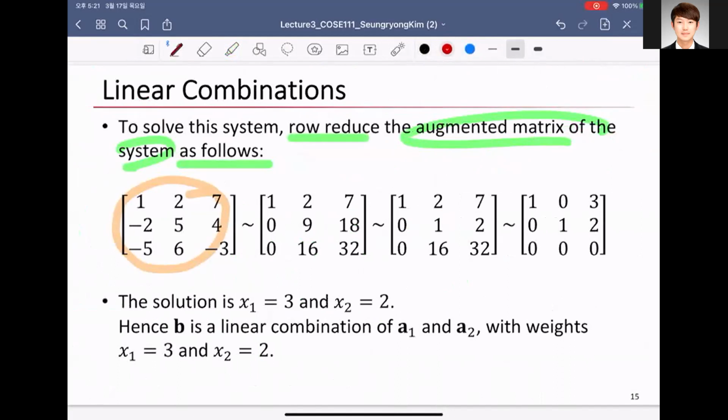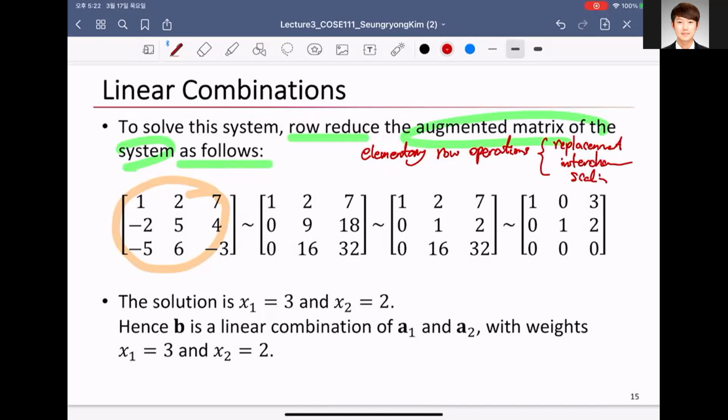To row reduce, we have three kinds of operations, which were called elementary row operations. What are the three kinds of elementary operations? Row operations: replacement, interchange, and scaling, right?